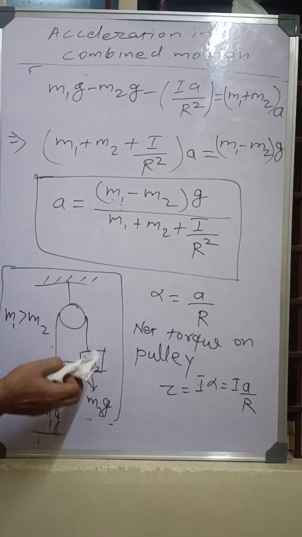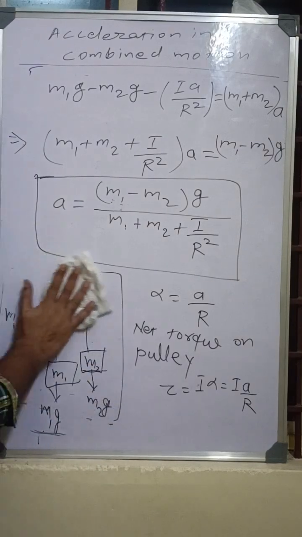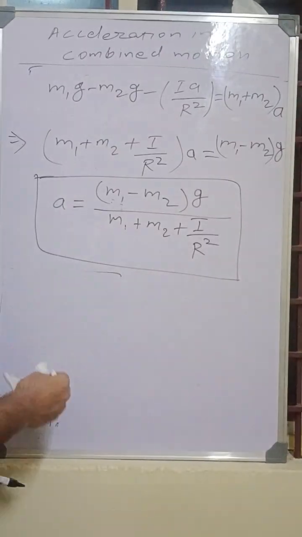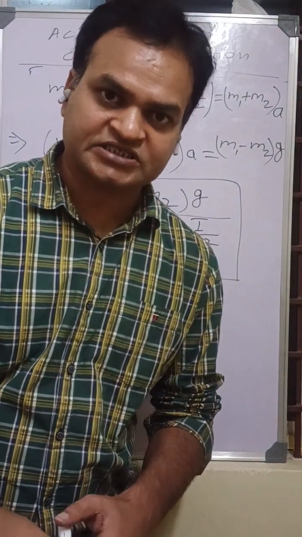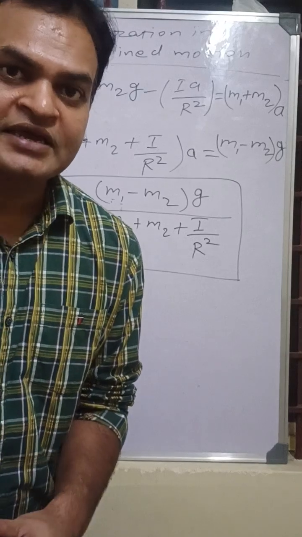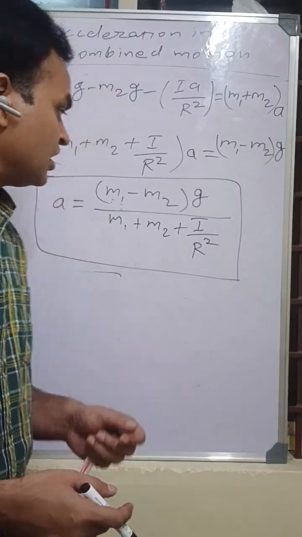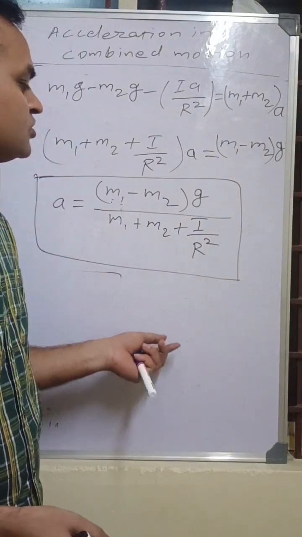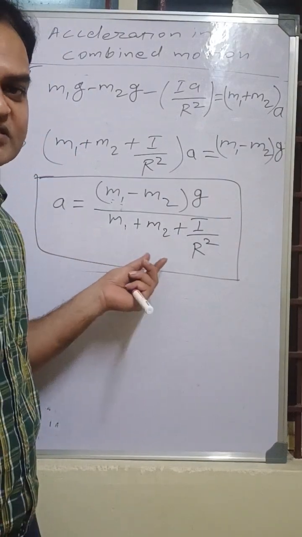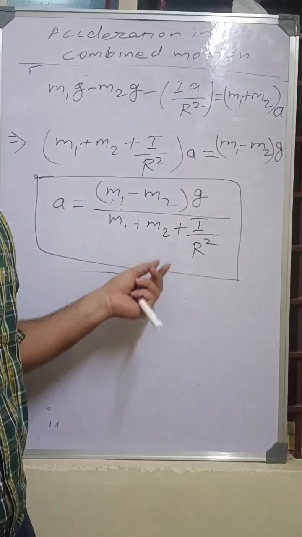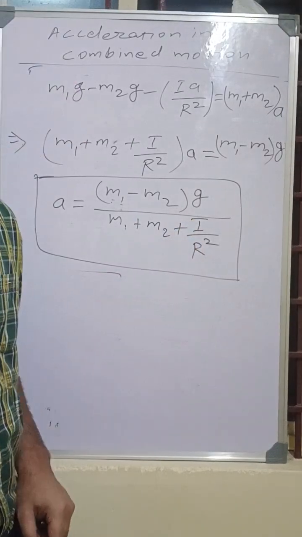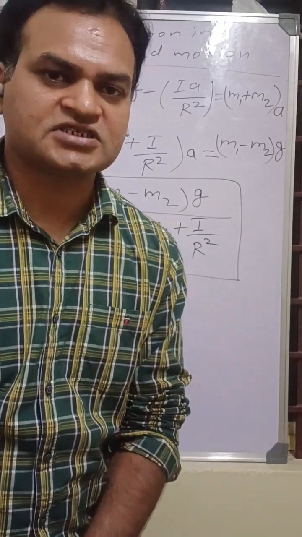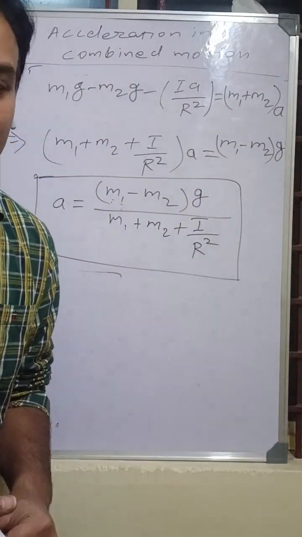And what are M1 and M2? M1 and M2 are inertia. M1 is translating only, M2 is also translating only. So M1 is translational inertia, M2 is translational inertia, and I by R squared is to be called the inertia of rotation or rotational inertia in the system.